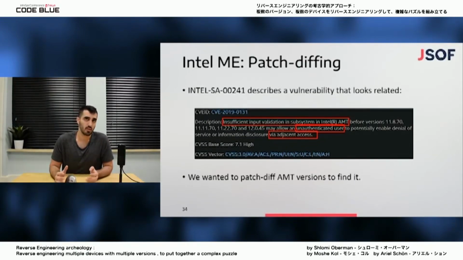By adjacent access, we suppose they mean something that is local to the network link, such as ARP or DHCP. So this looks very promising, and you see the CVSS score of high, and we wanted to patch diff the AMT versions to find the vulnerability, because we suspected this vulnerability lies in the Treck code, basically.